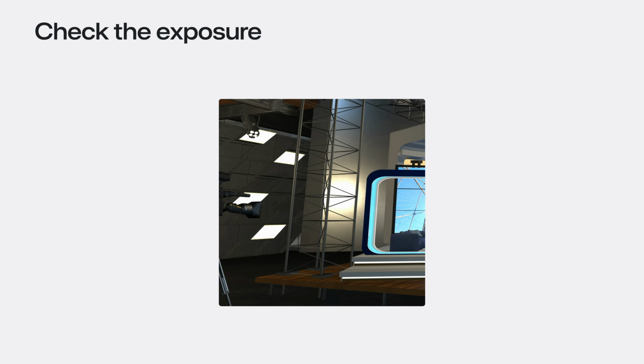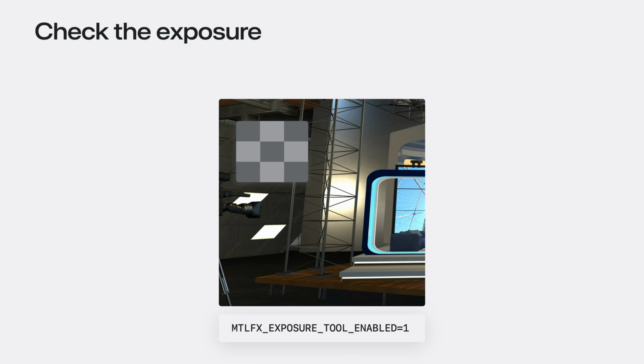MetalFX includes a new tool to help you tune the exposure input value you send to the upscaler. It's called the exposure debugger. To enable it, set the environment variable MetalFX exposure tool enabled. Now the upscaler renders a gray checkerboard on top of your frame and applies the inverse of your exposure value to it.